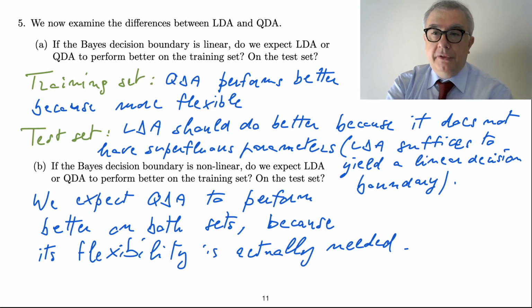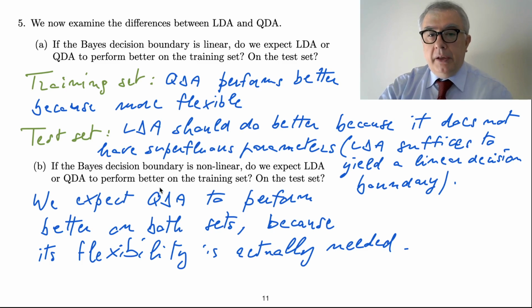So we have a kind of over-parameterization for QDA, and therefore the advantage on the training set becomes a disadvantage on the test set, where LDA should do better because it has no superfluous parameters.